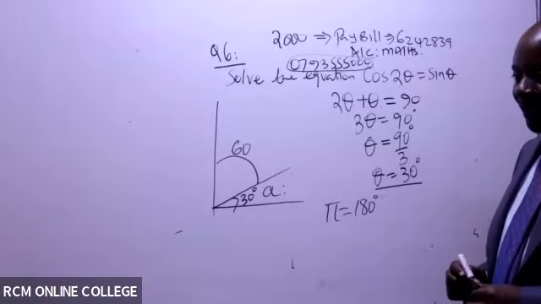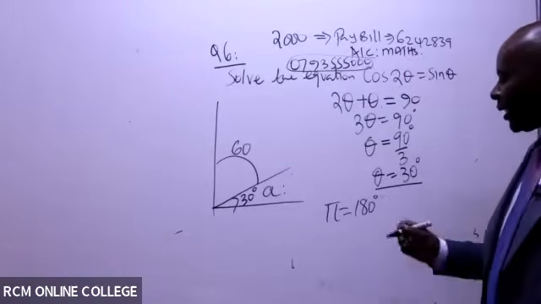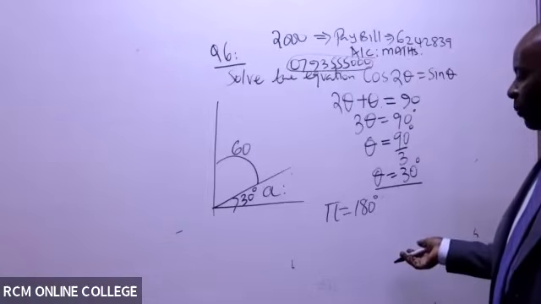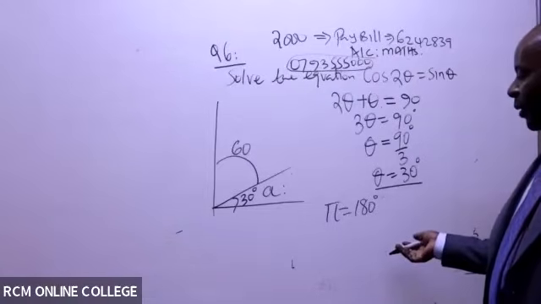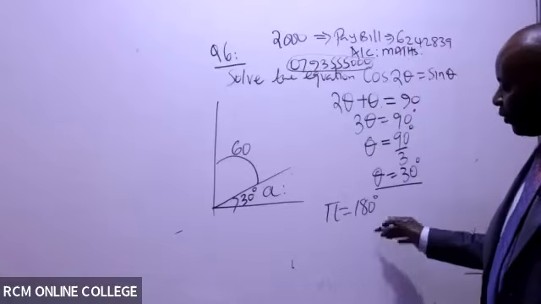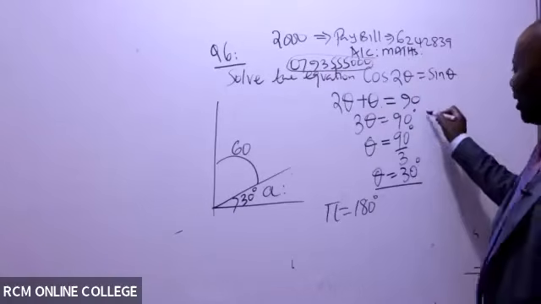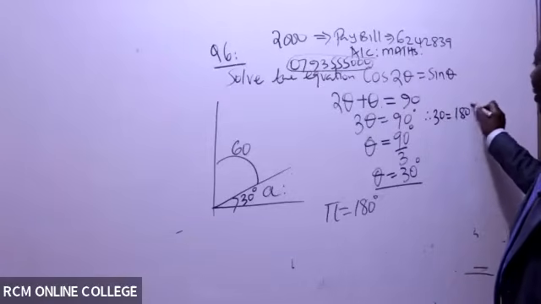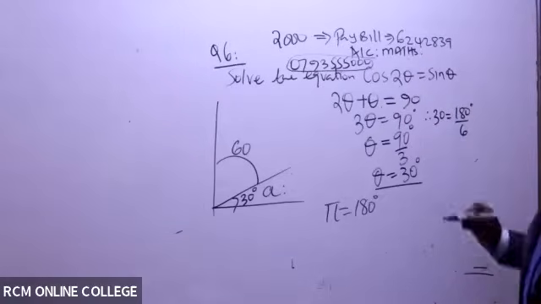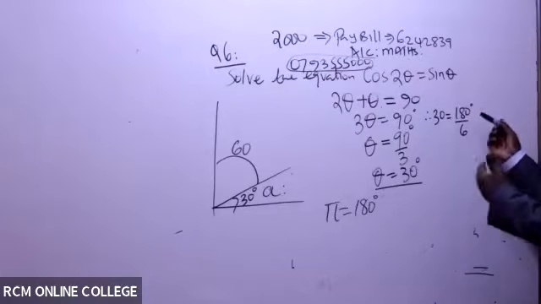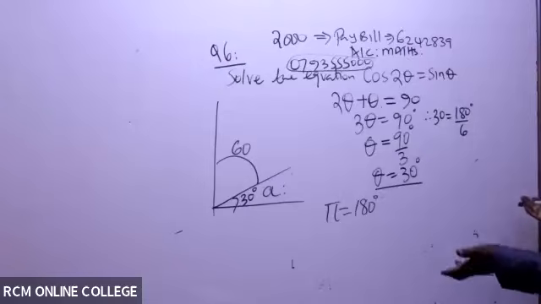Pi is 180 degrees. So then meaning that 30 degrees will be equal to what divided by what now? If I want to get this 30, I will take 180 divided by what here? To get 30, I'm taking 180 divided by 6.